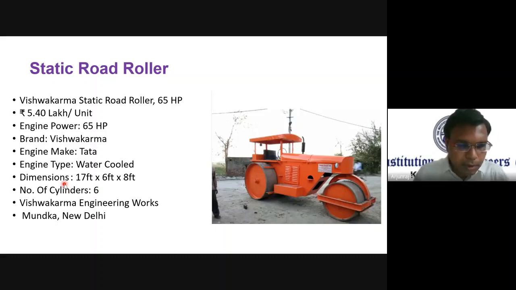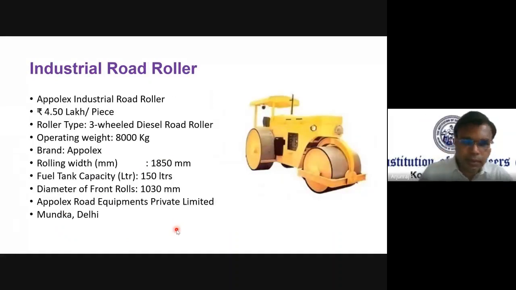And that is the specification: it has 17 feet 6 inches length, and width and height of 8 feet, and the number of cylinders is going to be 6, with 65 horsepower.